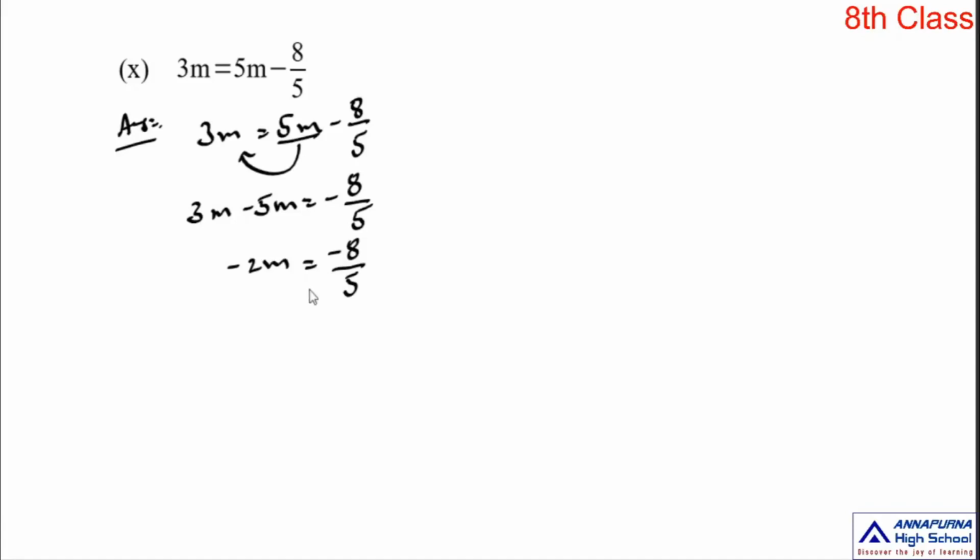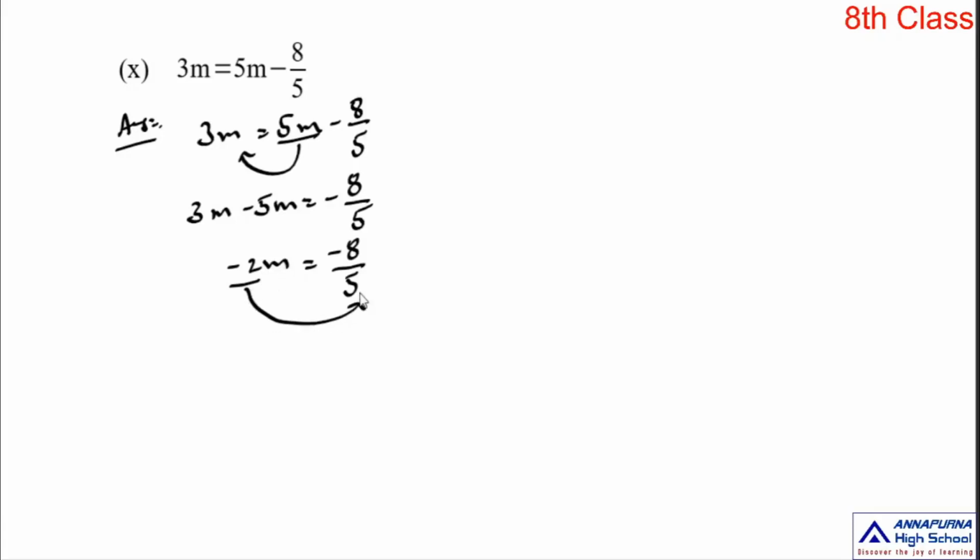And here you observe very carefully. What is the next step? Next step, we transpose this minus 2 to right side. So minus 2 is what? It is a factor of the left side part, and that means you are transposing a factor. This minus 2 is multiplied by m.